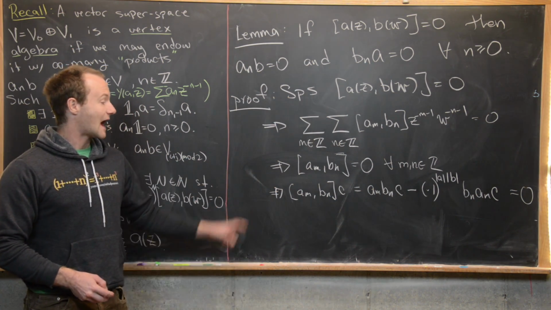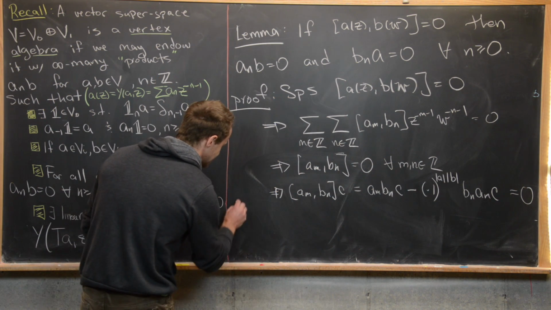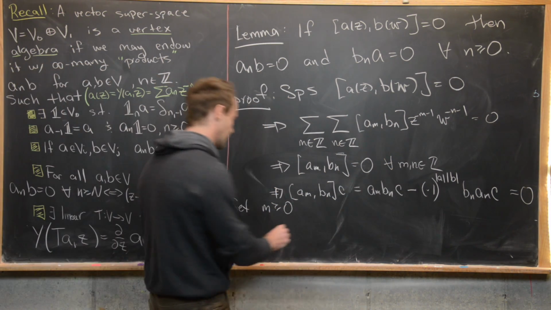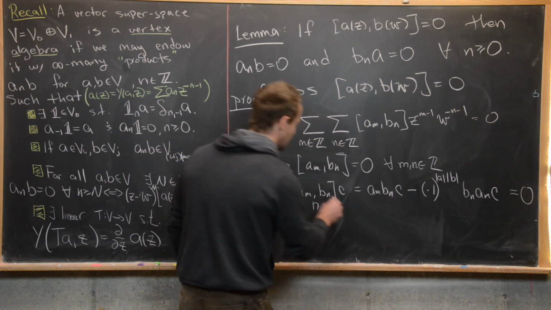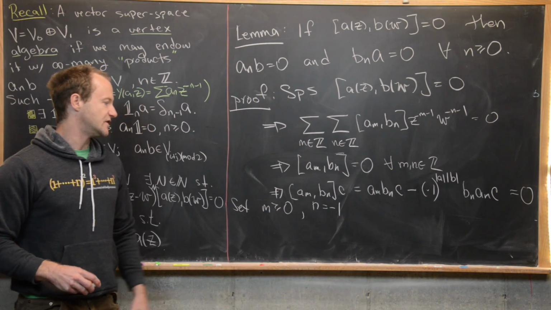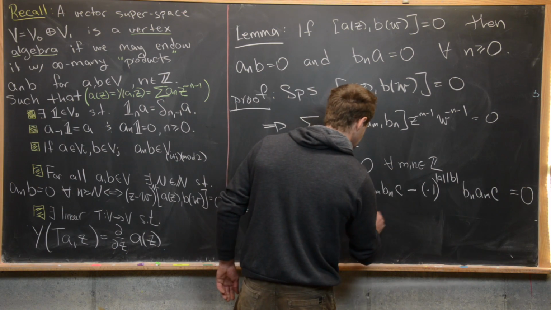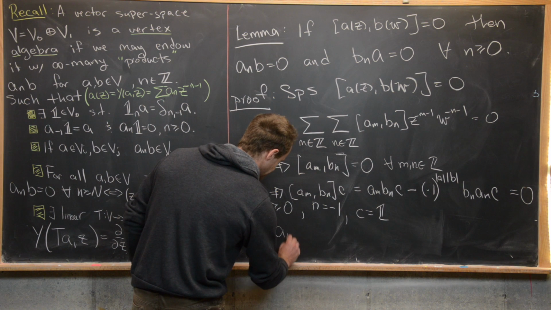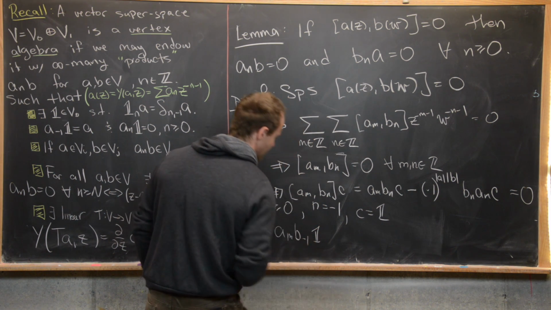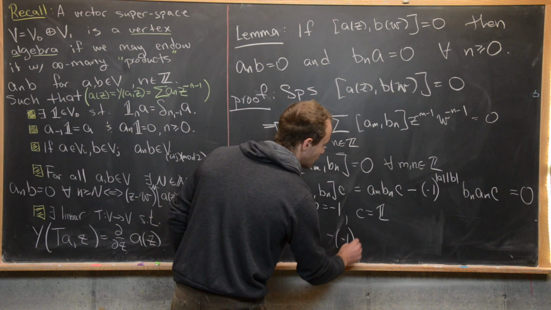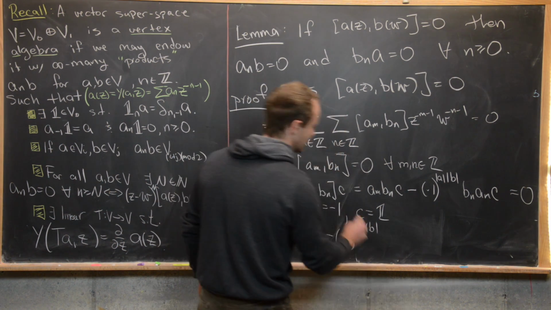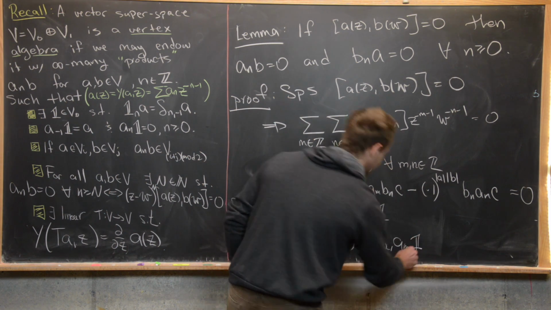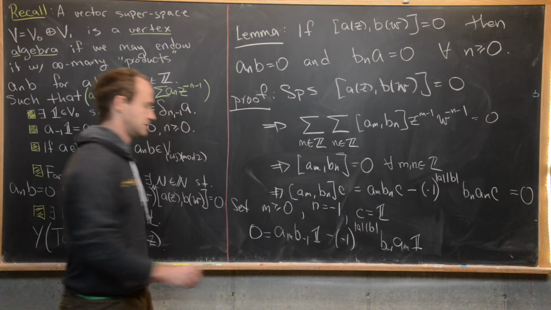Okay, great. Now, the next thing that I want to do is set m to be bigger than or equal to 0, anything bigger than or equal to 0, and then we'll set n to be equal to -1 in this equation up here, along with c equal to the vacuum. So notice that is going to give us a_m b_{-1} on the vacuum minus (-1)^(parity of a, parity of b) b_{-1} a_m on the vacuum is equal to 0.